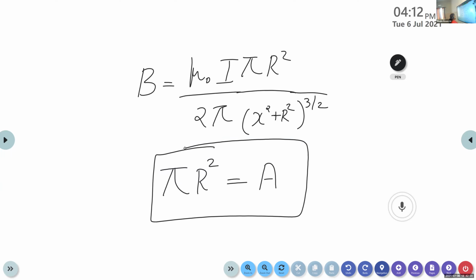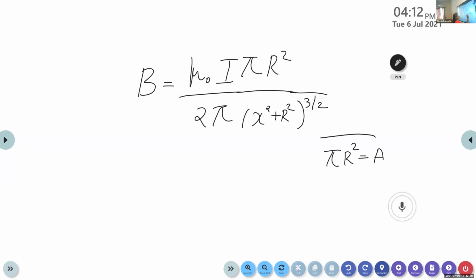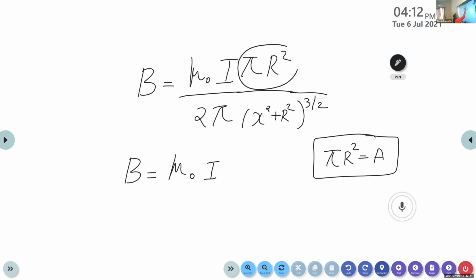So our equation becomes, here pi r square represents the area of the circular loop.